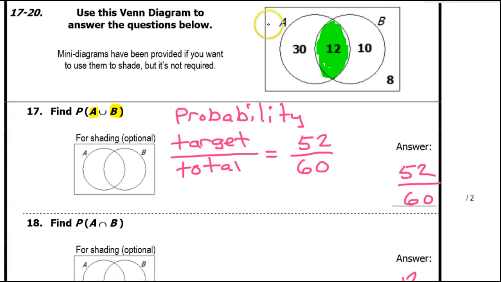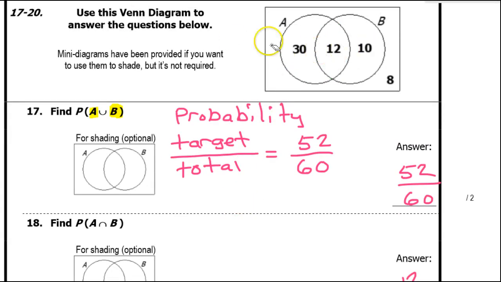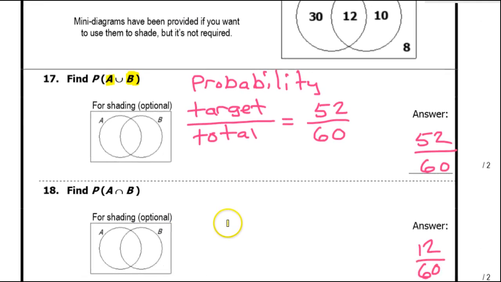Just for the sake of completion, I'm going to mention that other method, which you would not need on a problem this simple, but when the problems get more complicated, you might be glad that I showed you the other method. You can always look at these problems as starting with the first letter and then going from there. If it's an OR problem, you add more using the other set. If it's an AND problem, you take away using the other set. So that's another way to look at it.